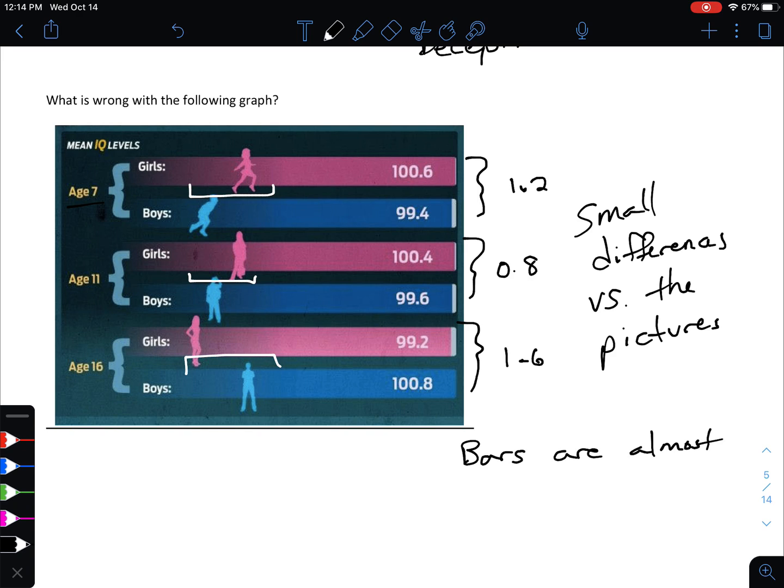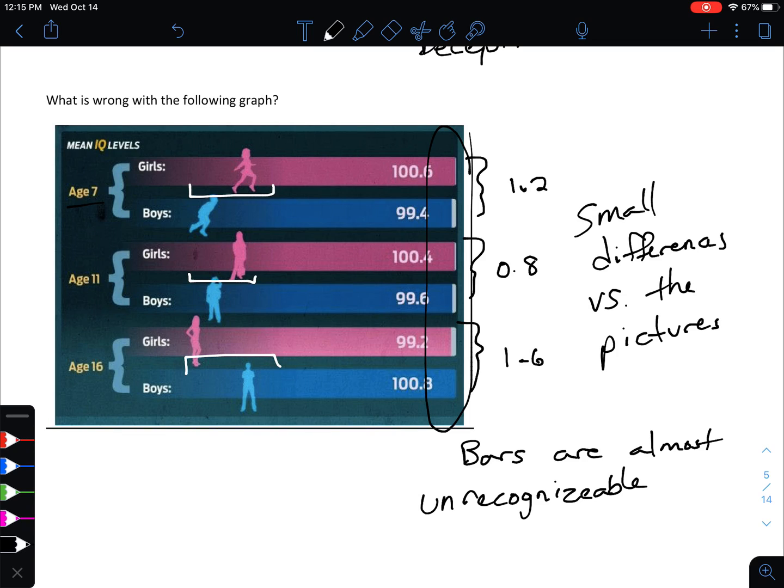The other thing is that the bars are almost unrecognizable. In fact, until I said something about the bars, you maybe didn't even notice that on the right side of this, it is in fact a bar chart, and they are in fact comparing those using bars.